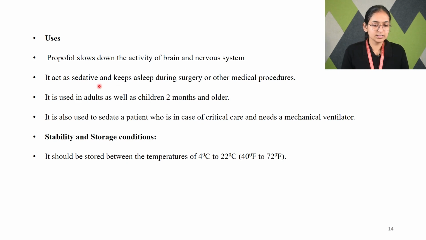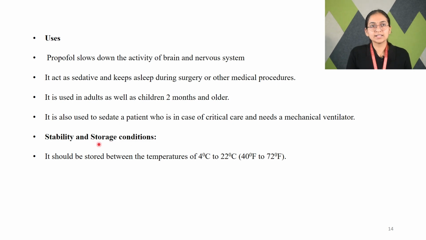It acts as a sedative and keeps the patient asleep during the surgery or other medical procedures, so that he or she does not feel any sensation. Most importantly, it is useful in the adults as well as in the children who are above 2 months. It is also useful to sedate a patient who is in critical care and needs a mechanical ventilator.